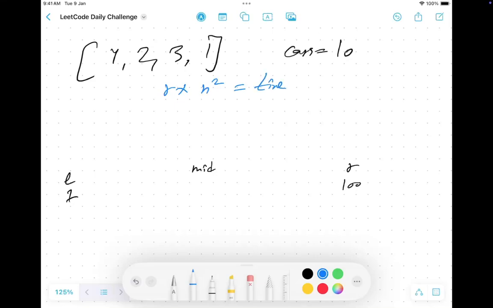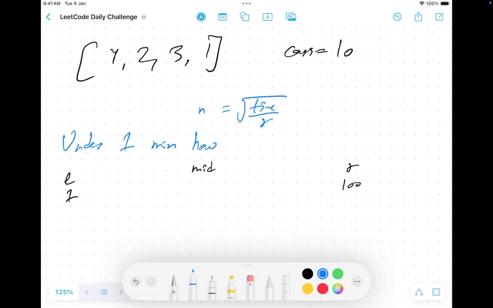This much time will be taken, and I am saying, if I have only 1 minute, and we have this many ranks, how many cars can he repair? How many cars can be repaired under 1 minute? So it will be n equals the square root of time by r, and write like this. Then the question becomes, under 1 minute, how many cars can be repaired?